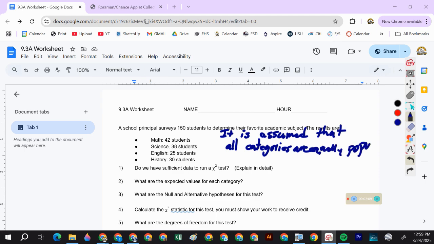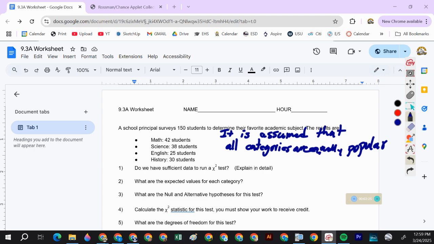I need to add that, or it won't make sense. Okay, so we ended up with 42 students who chose math, 38 that chose science, 25 chose English, and 30 chose history. So we have multiple categories.